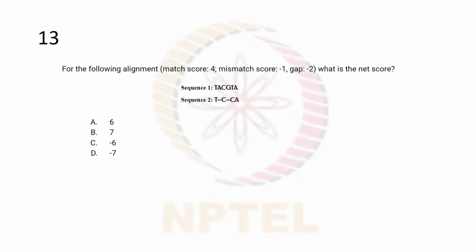And there is no rule that the match score has to be this, the mismatch score has to be this, and the gap penalty has to be this. Based on your work, based on your analysis, the cutoffs can be decided by you.